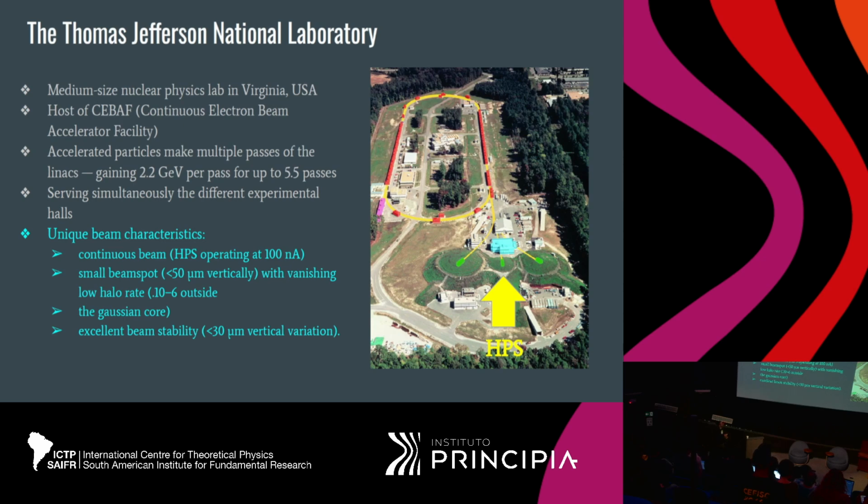In that case, due to the very high frequency of operation, the beam is basically continuous. It's like having a continuous current of particles flowing to your experiment. In the case of HPS, this current is about 100 nanoamps, so a significant current.